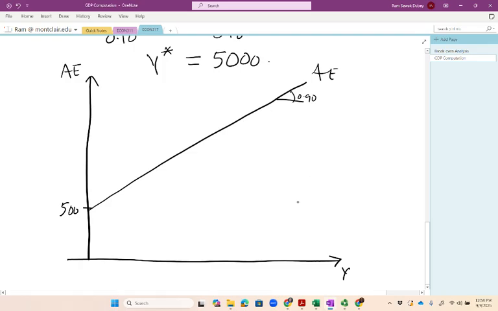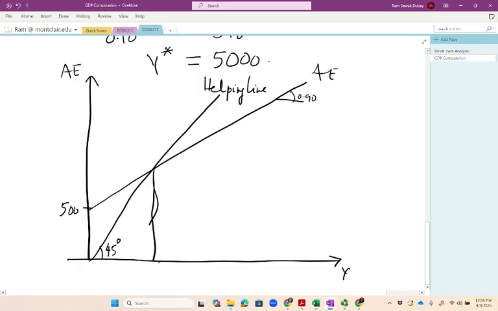And for finding out the equilibrium value of GDP, I will again draw a helping line passing through the origin with this 45-degree angle or slope of 1. The equilibrium GDP is obtained at the point of intersection of the helping line and the aggregate expenditure, which is here.